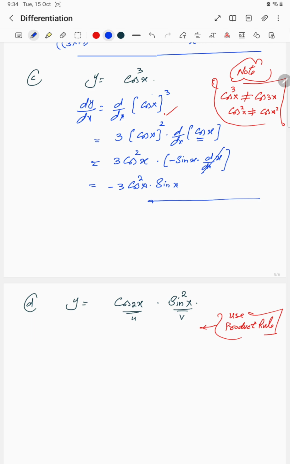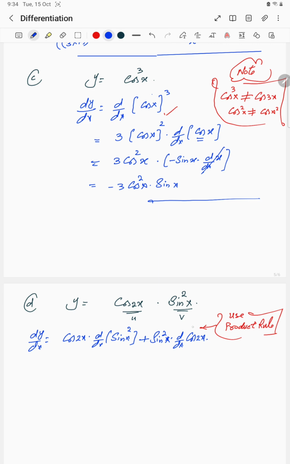So that will define dy by dx as: first we write u, cos of 2x, times the derivative of sine square of x, that is sine x whole square, plus sine square of x as it is, and we differentiate cos of 2x.